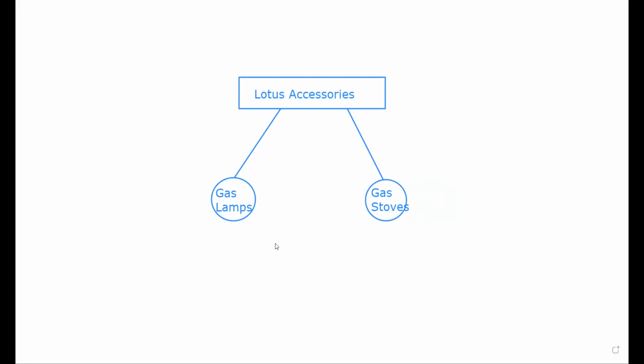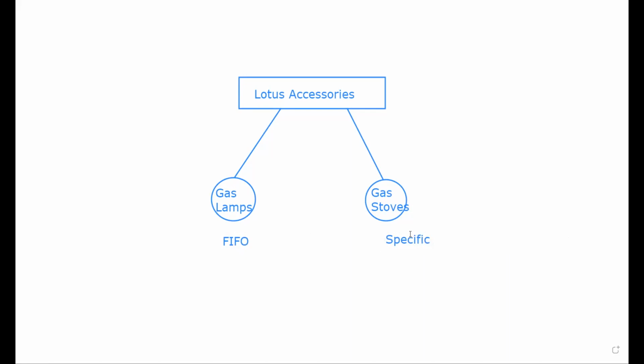They have two products, gas lamps and gas stoves. Then you want to say over here FIFO, and over there specific identification. When you see this, it will help you keep your head straight.